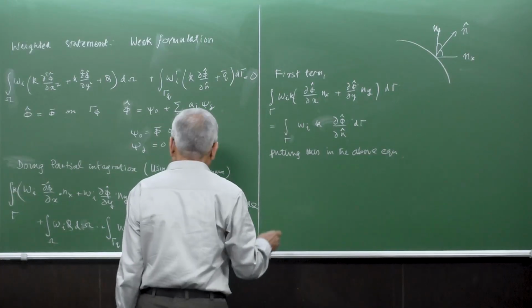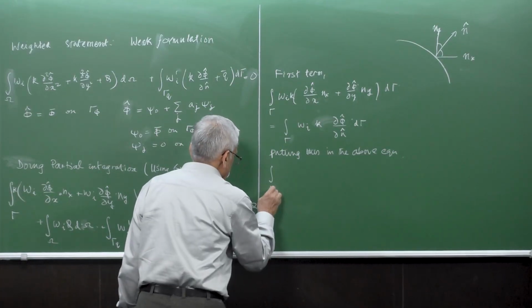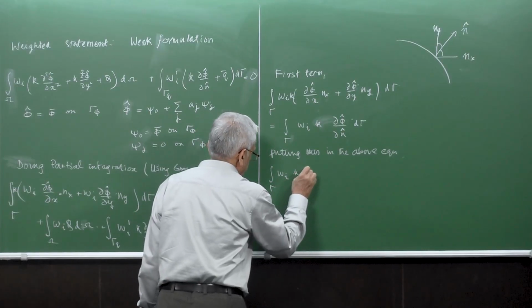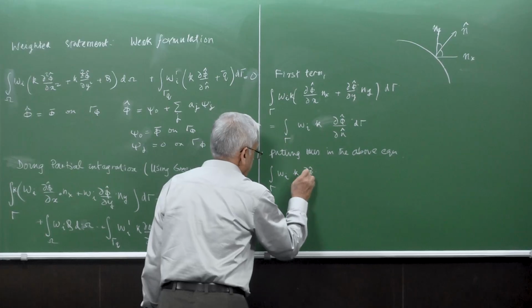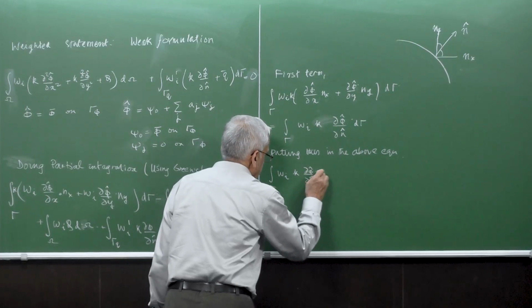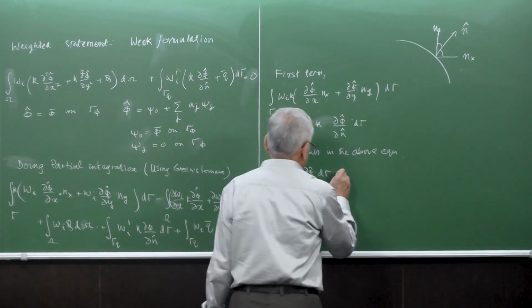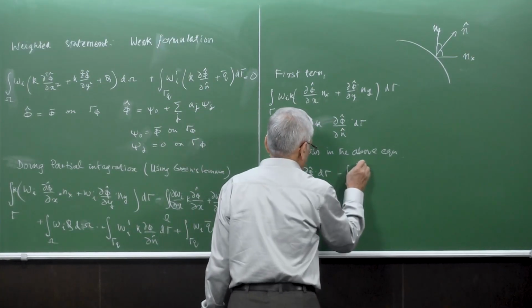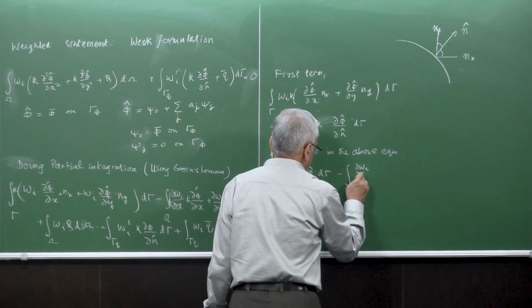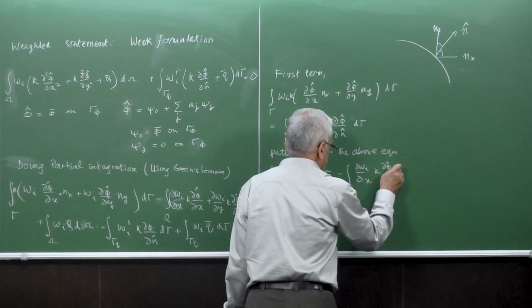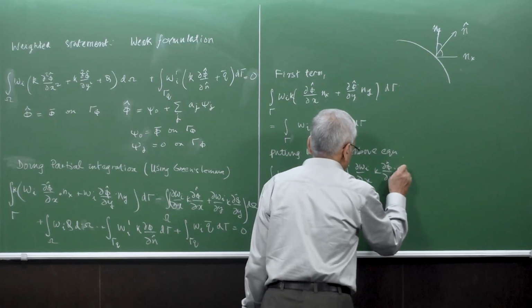So what we get here is the integral over gamma of wi k dou phi by dou n d gamma. So this is the boundary integral minus dou wi by dou x k dou phi hat by dou x.